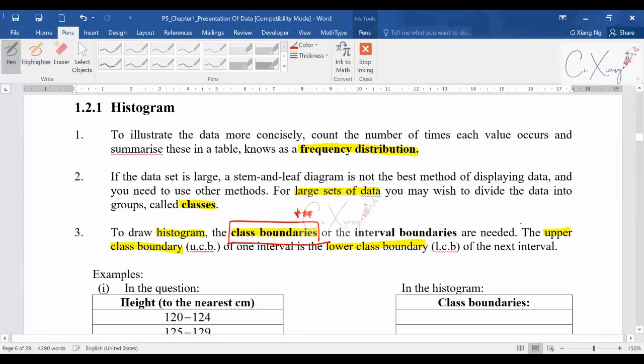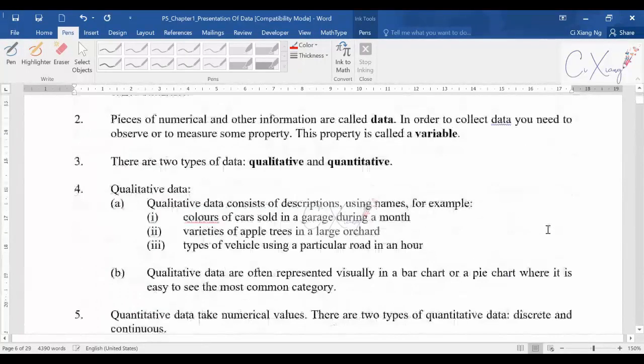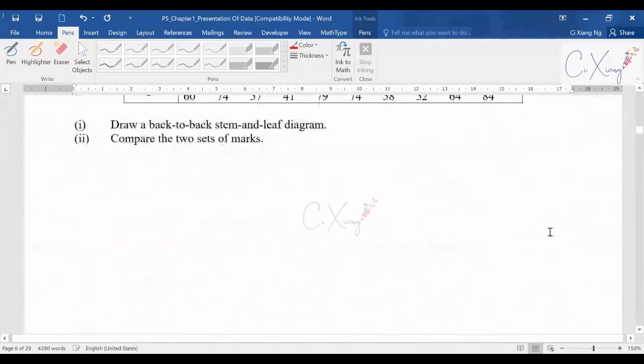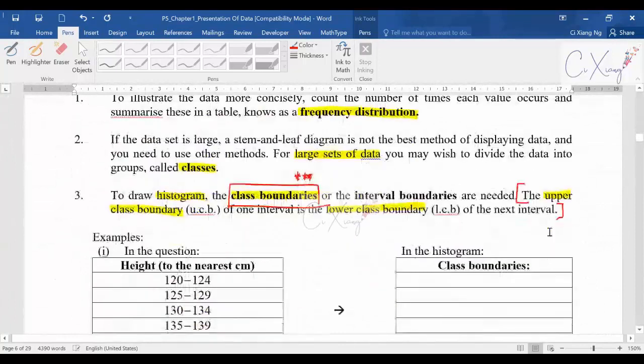The important fact about the class boundary is that the upper class boundary of one interval is the lower class boundary of the next interval. Later I will show you what this sentence means. This sentence is very important, it is the definition of the class boundary. Class boundary is also very important because we need to use it to draw all kinds of graphs in our A-level syllabus for now. All right, so let us continue.